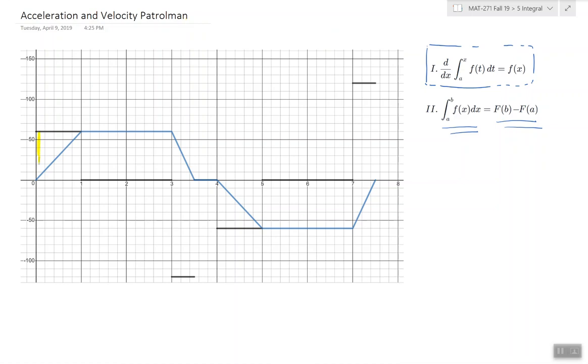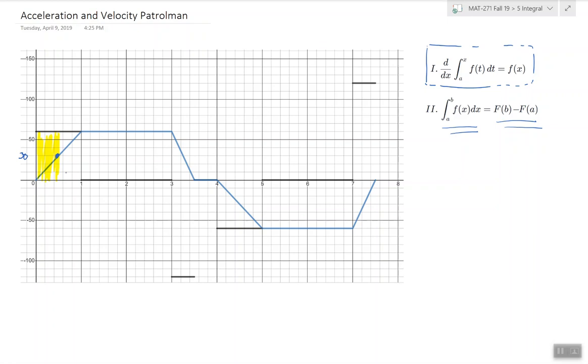I showed that as we're accumulating area here, if I'm halfway, the halfway point, I should be at 30. And notice that my accumulation function, my value is 30. I'm sitting right here at 30 when x is 1/2.